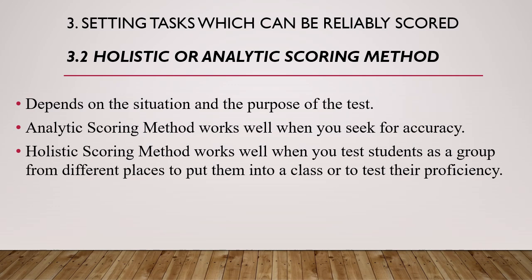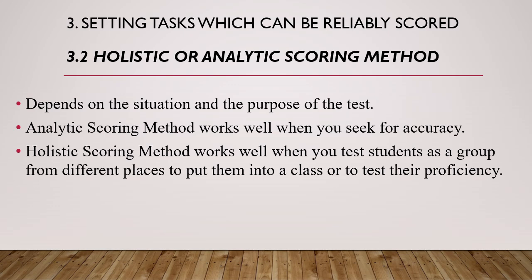Again, the analytic scoring method works well when you seek accuracy in a language, but if you don't want to focus on the accuracy aspect, you want to test students as a group, students who come from different places, you try to classify them into a specific group or class, or you want to test their proficiency, then the holistic scoring method is just the better way to go.